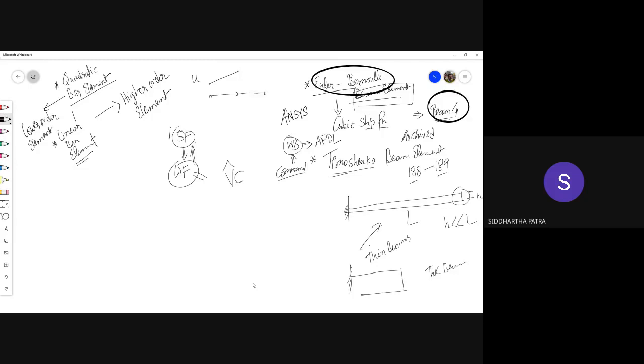If I take more than one element to divide the same bar, then you have this choice to be u1, u2, and u3, let's say. Imagine there are two elements, each being linear bar elements. So in total I have 3 nodes, and at each node I have 1 degree of freedom, so total 3 degrees of freedom. And you can only change in a piecewise linear manner.